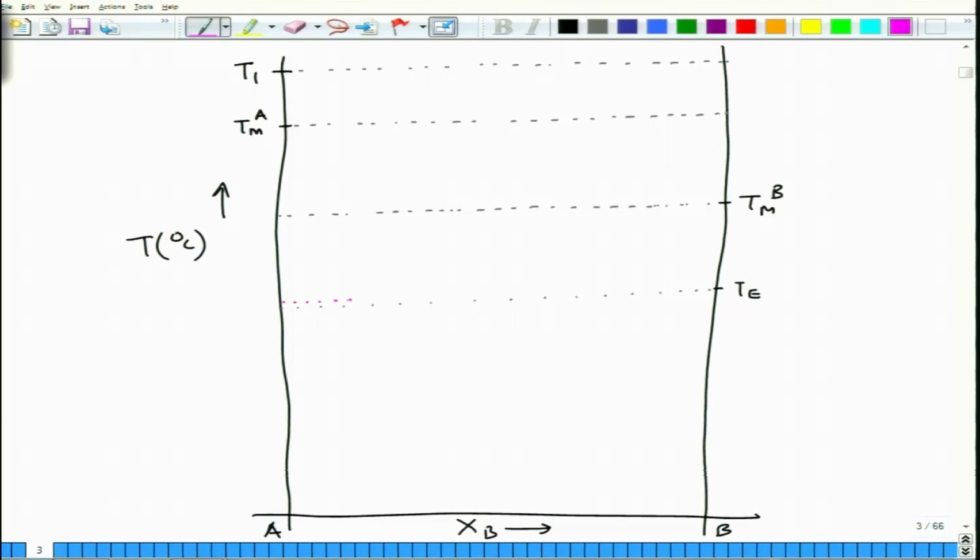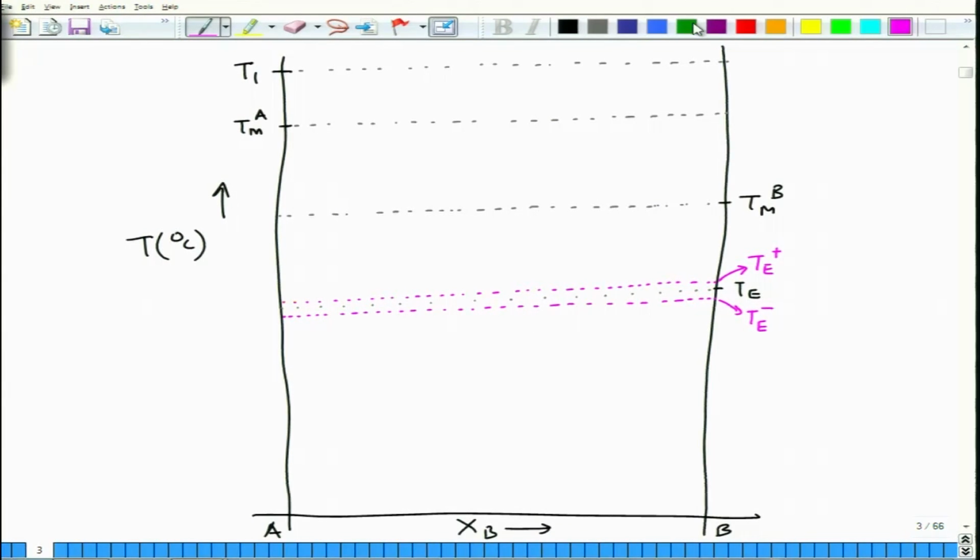So this is TE minus, and that was TE plus. So this would be TE plus, and this would be TE minus. All right. They're not very straight, but pardon me for that.